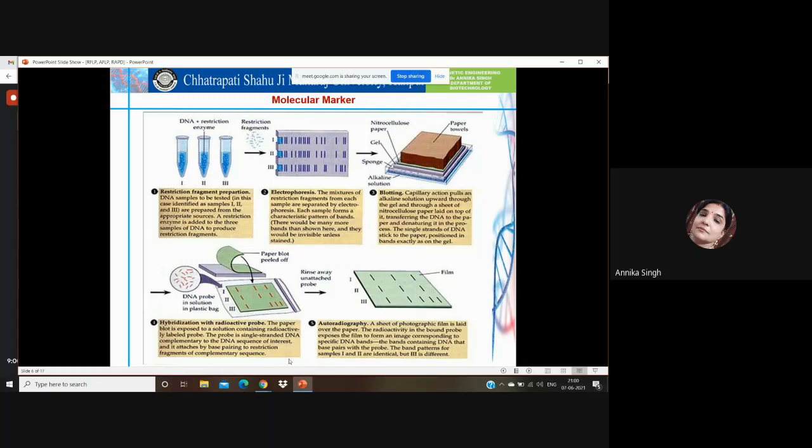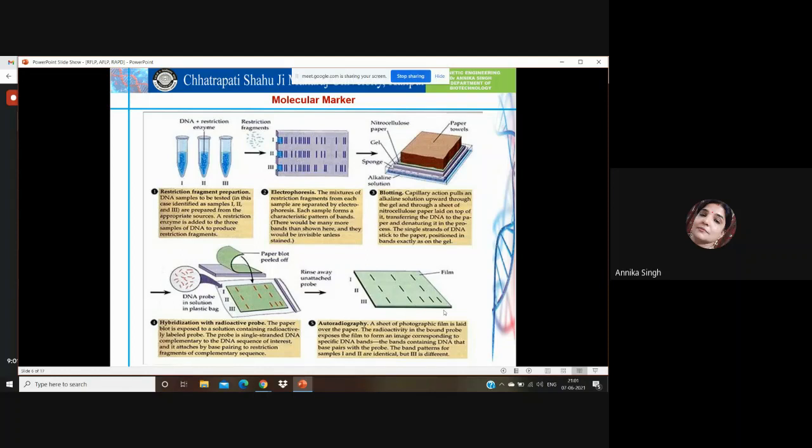If we use a radioactively labeled probe, then we go for autoradiography. In autoradiography, a sheet of photographic film is laid over the paper, and the radioactivity in the bound probe exposes the film to form an image corresponding to the specific DNA band.